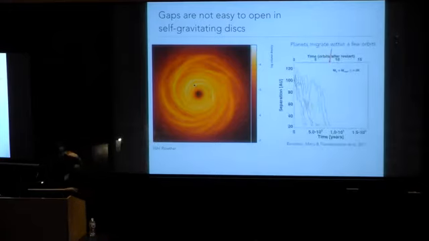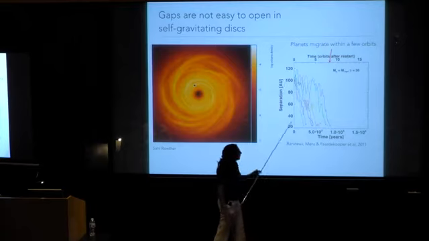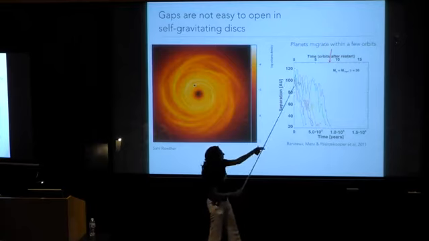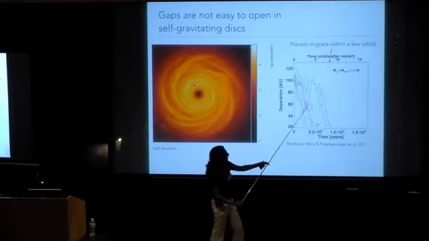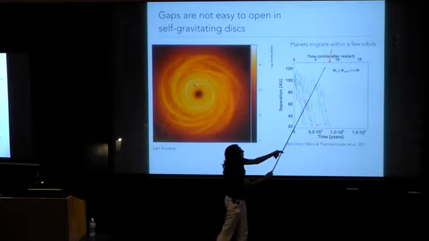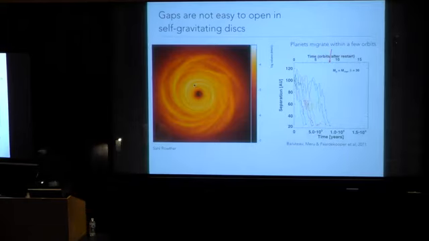This is actually work that we did quite a few years ago, where you can see here we have the separation against time. And these are many simulations plotted on one graph. For a Jupiter mass planet, you see that these planets just migrate in within a few orbits from when we let them go.